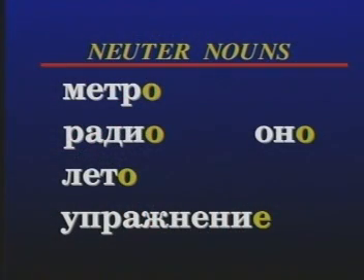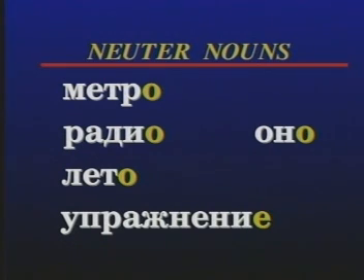And now neuter nouns. Neuter nouns. How do we identify them? Again, we have to look at the last letter in each of those words. Метро, радио, лето, упражнение. What makes them neuter?